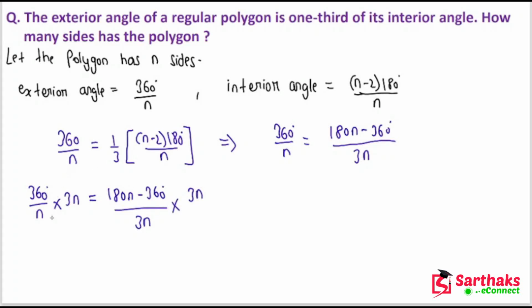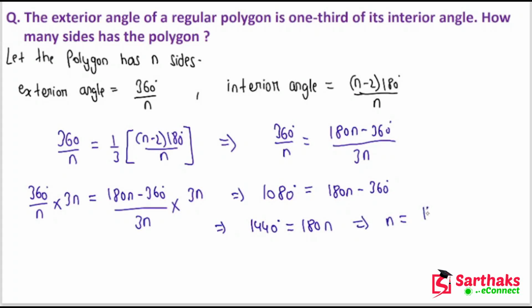So 3n will cancel out, n will cancel out from n, and 360 into 3 will give us 1080 degrees is equal to 180n minus 360 degrees. Taking this 360 to the LHS, we would get 1080 plus 360, so we would get 1440 degrees is equal to 180n. Dividing both the sides by 180, we will get n equals 1440 whole upon 180, and cancelling out the common factors, we would get n equals 8.